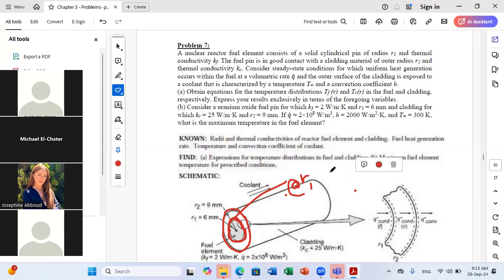So I can write that the temperature of the fuel element at R1 is equal to Tc at R1 and also the rate of conduction in material F. So Q second, of course, Q second in the fuel element is not constant because of generation.